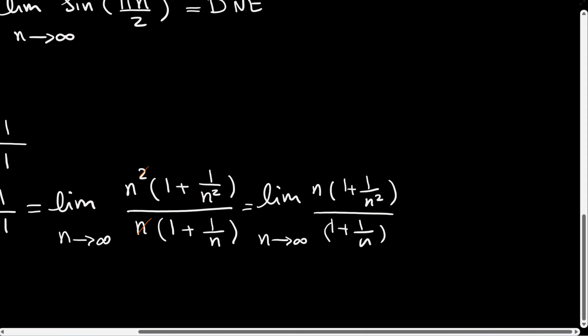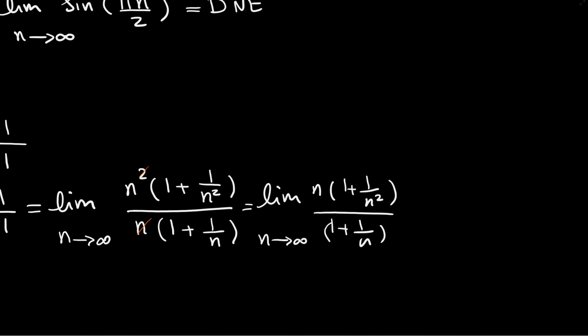Now, if you plug in infinity, what do you have? In the denominator, you have 1 divided by infinity, which is 0. 0 plus 1 is 1, so the denominator is 1. In the numerator, you have 1 divided by infinity, which is 0, 1 plus 0 is 1, and 1 times infinity is infinity.